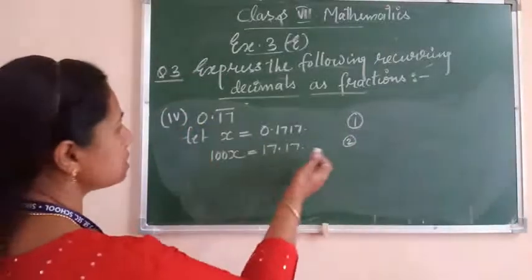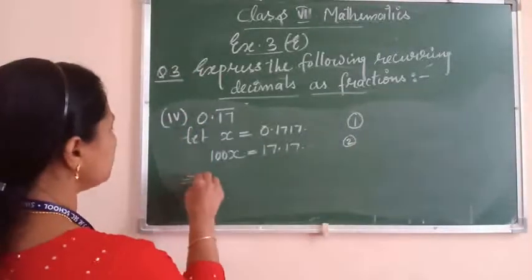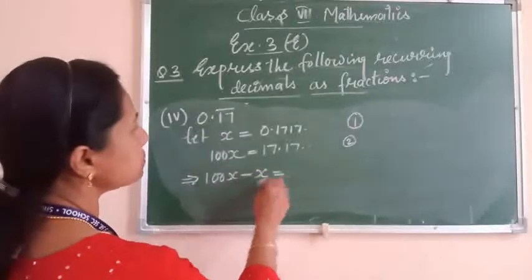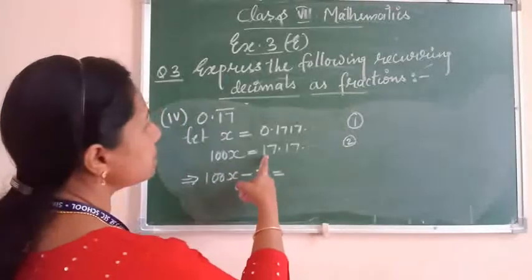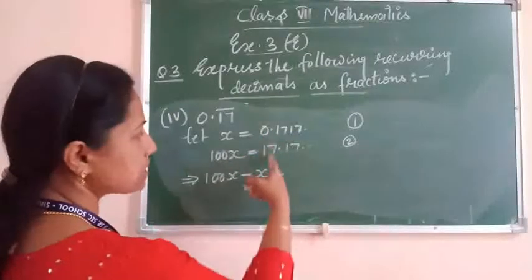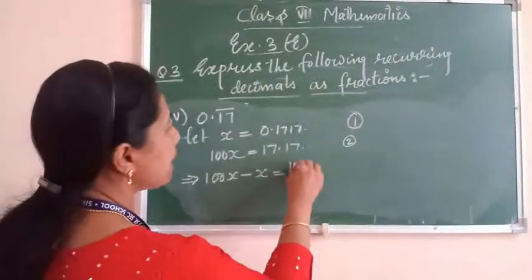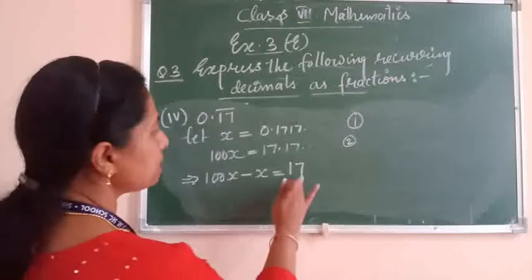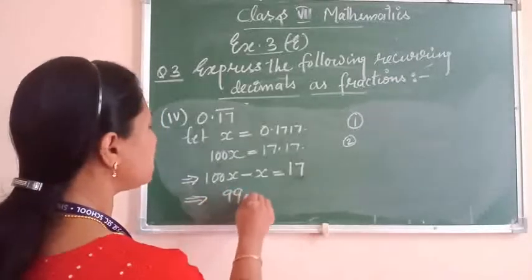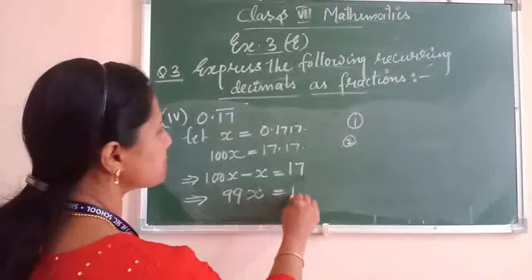Now we are subtracting: 100x minus x is equal to 17.17 minus 0.17. After subtracting, you will get the answer 17. Now 100x minus x, 99x is equal to 17.